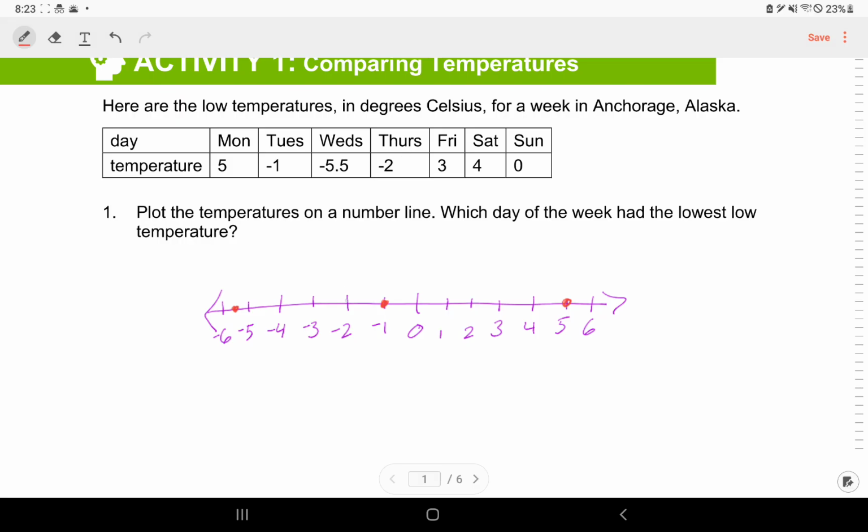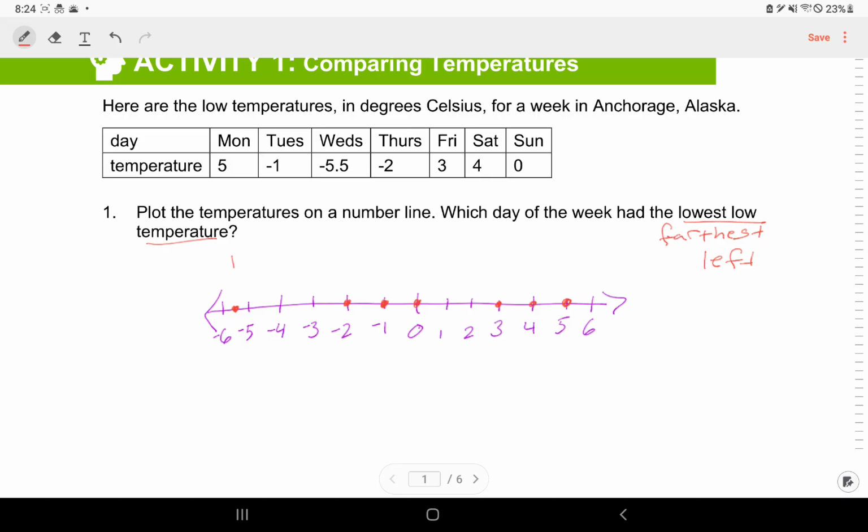Thursday is -2, so I go to -2. Friday is 3, so I go to 3. Saturday is 4, and Sunday is 0. Now, which day of the week had the lowest temperature? So the lowest temperature would be the farthest left.